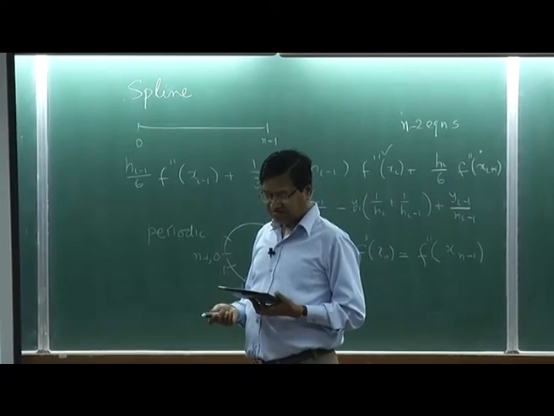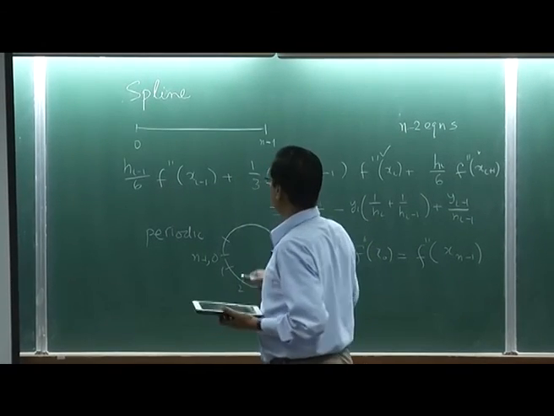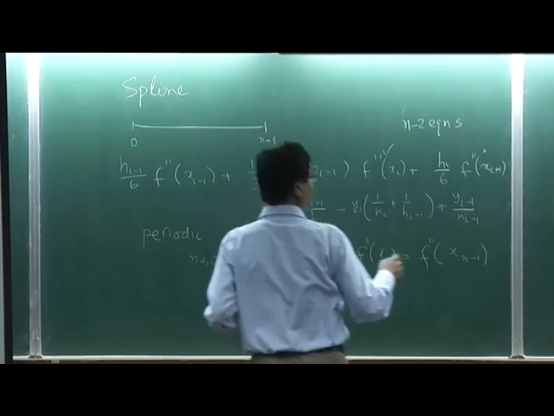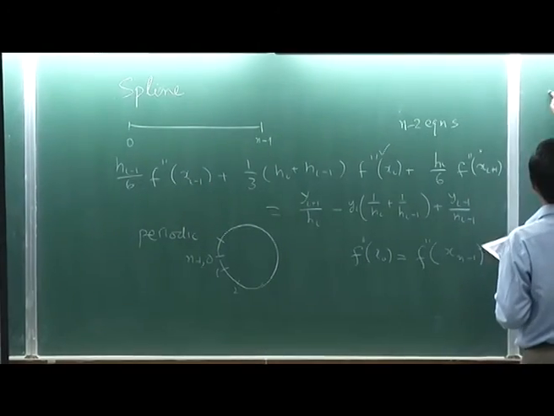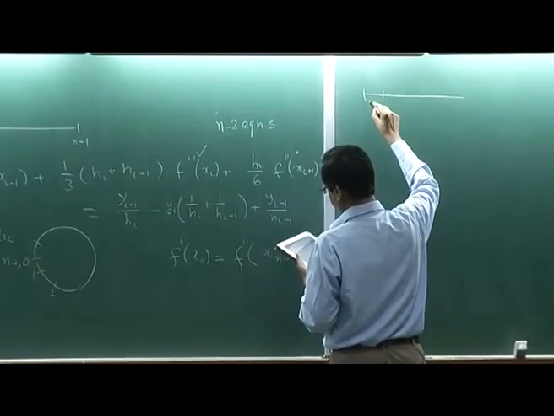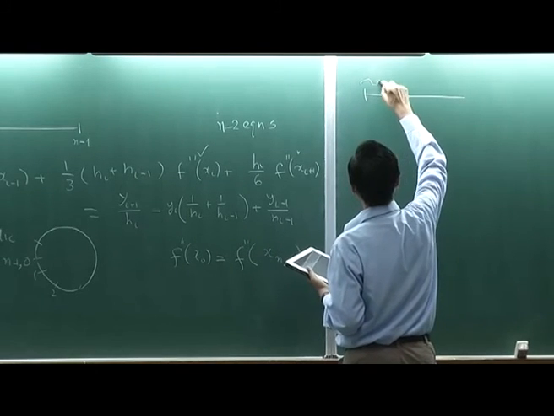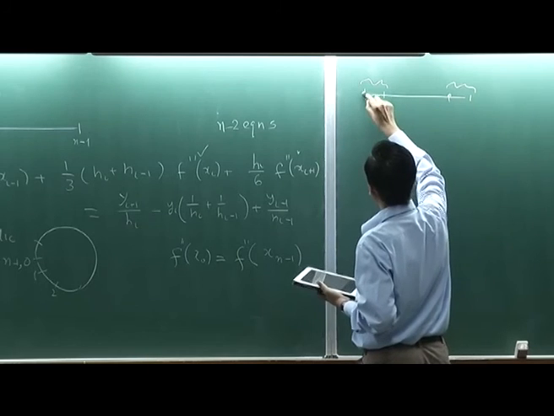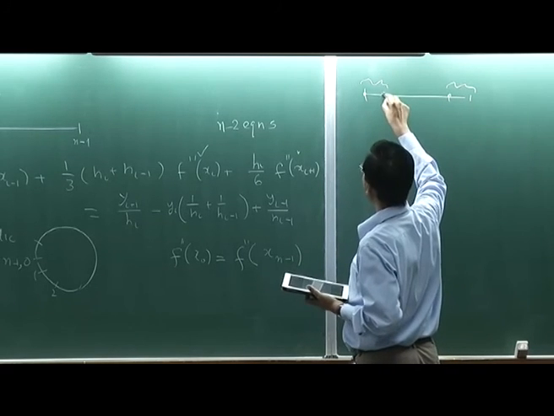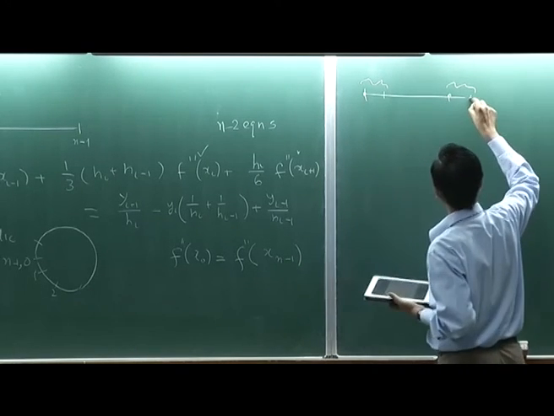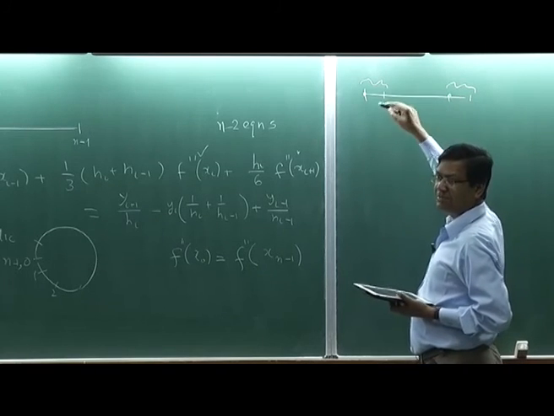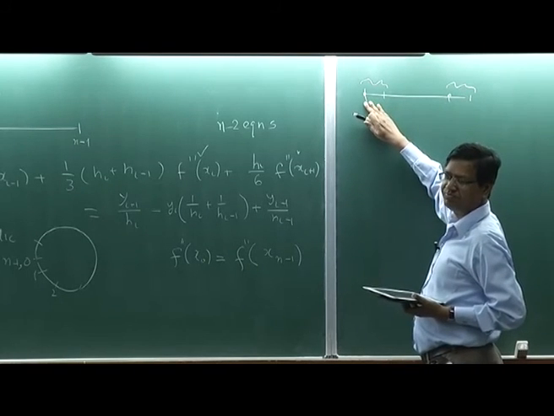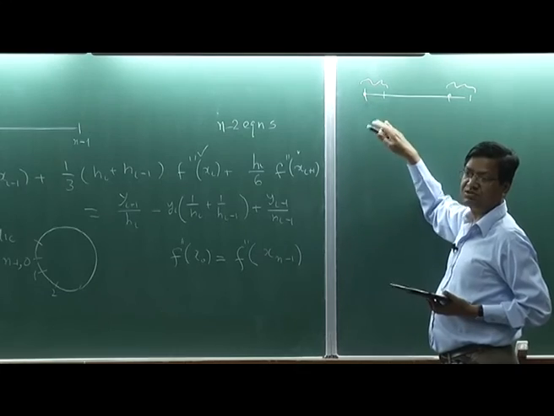The other condition is parabolic runout. Parabolic runout has, so let me just finish it off. So these 2 points have the same double derivative, and these 2 points have the same double derivative. So we assume that the double derivative here is the same as here. So it's parabolic in this regime. Double derivative is constant.